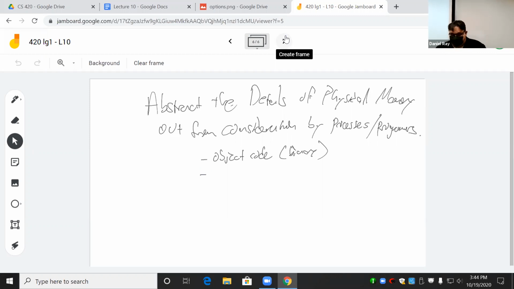I want to work at a higher level of abstraction. So we've got assembly code. Maybe I need to know where things are, okay? Depending on what I want to do. So this is questionable.